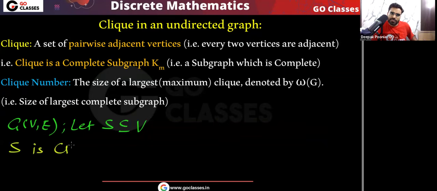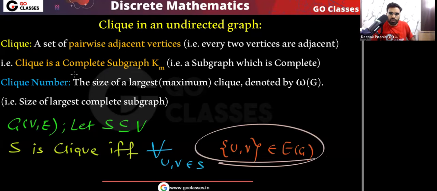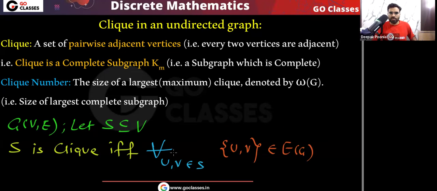We will say that S is a clique if and only if between every two vertices of S, for all u, v that belong to S, there should be an edge between them. Means (u, v) should belong to the edge set of the graph. Very simple. I hope you understood that they should be adjacent. This is the idea. Here, this simply means u comma v are adjacent.